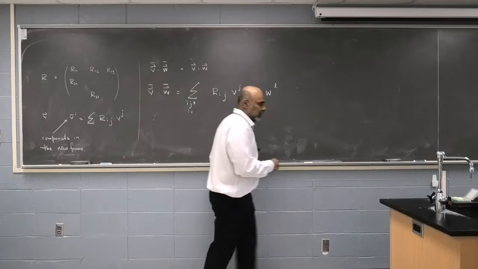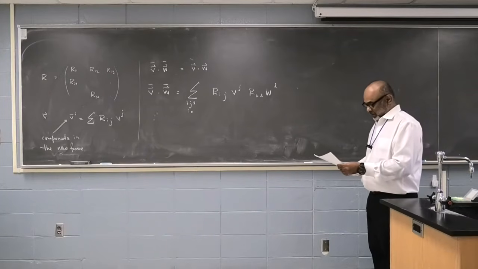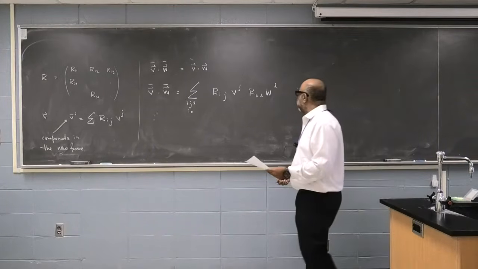Let me make sure I write it correctly, the way I wrote it in my notes. i equals k, indices i, j, k, l.